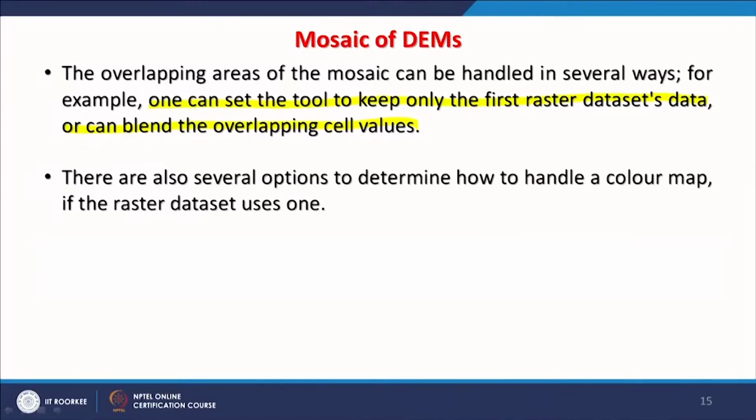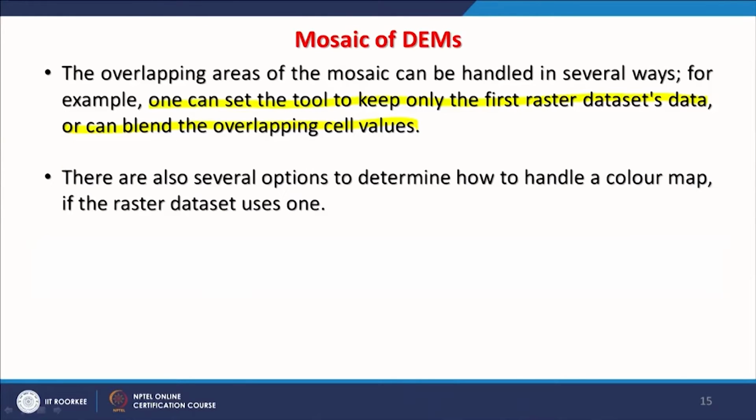There are also several options to determine how to handle a color map, because you might be handling these satellite images as a false color composite. The colors can also be managed, so you can say that whichever is on top, all the scenes should follow that color scheme or color map.